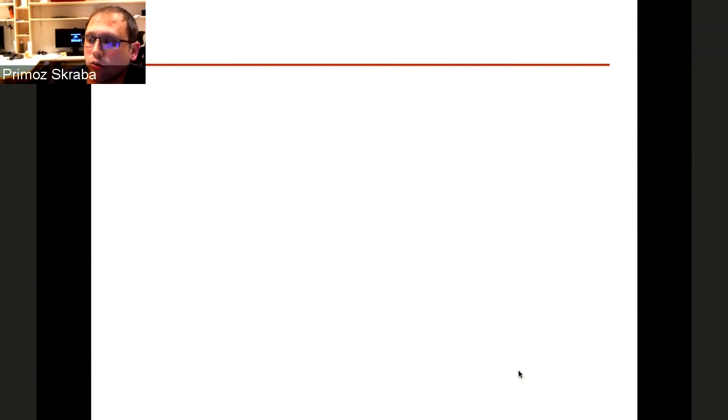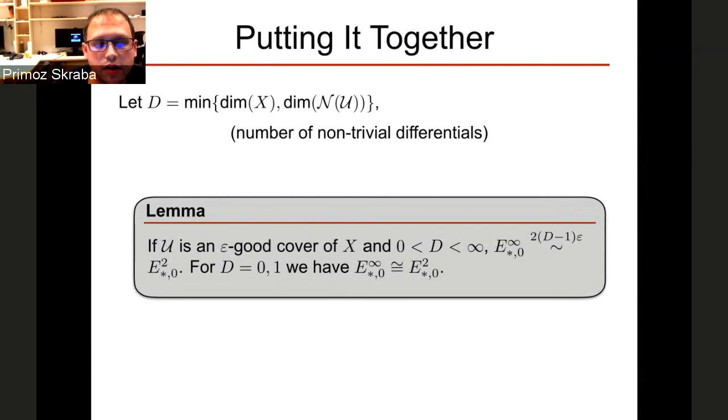Okay, so now I can just put this together. How many steps do I need to do this? I'm going to call that D. And I'm going to say that E2 and E infinity are 2D minus 1 epsilon interleaved, right? Because I'm essentially starting at E2, I need D minus 1 steps.